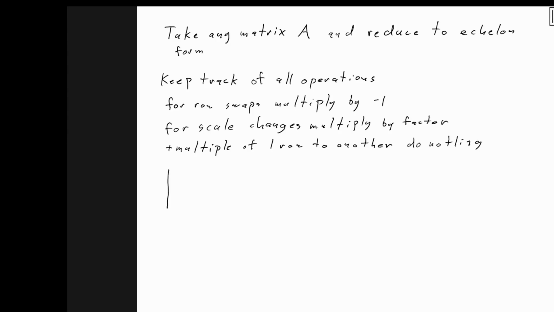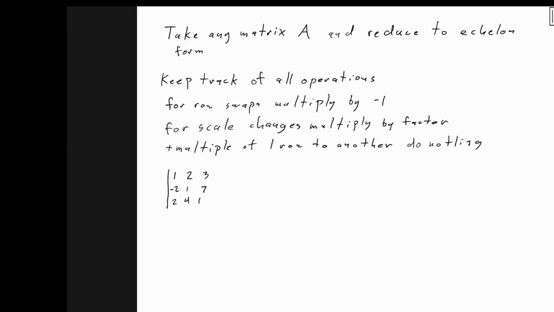Let's do a 3 by 3. So I'm going to do 1, 2, 3, actually, let's do -2, 1, 7, 2, 4, 1.